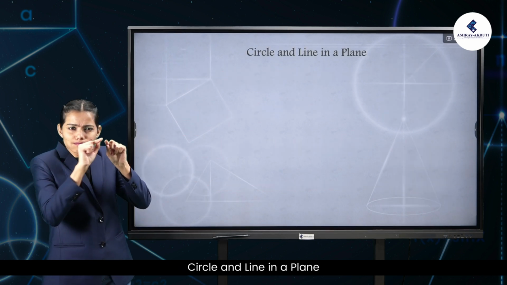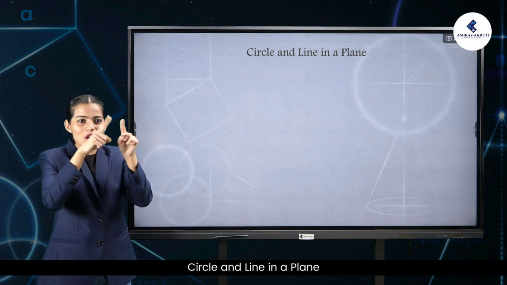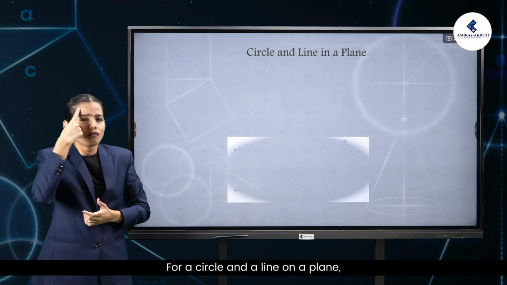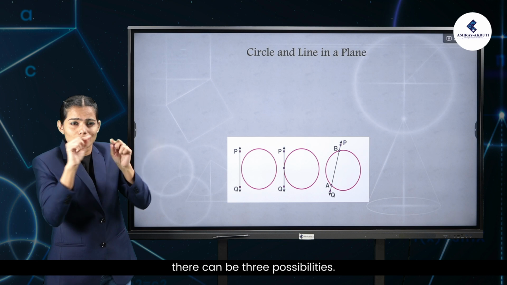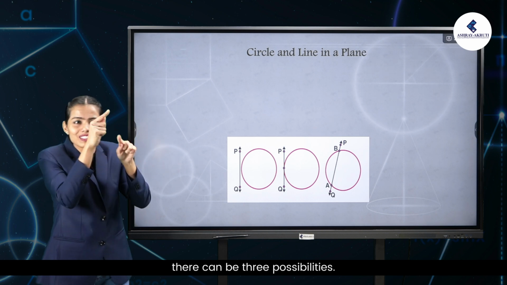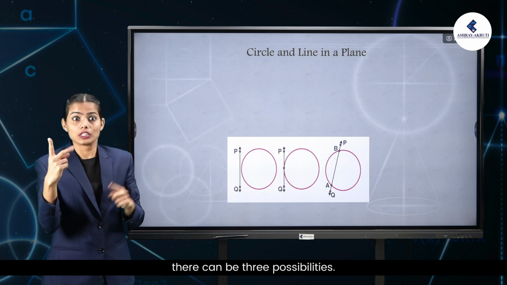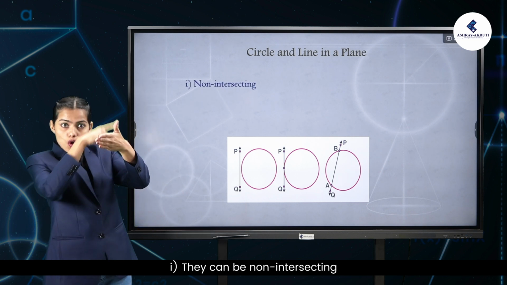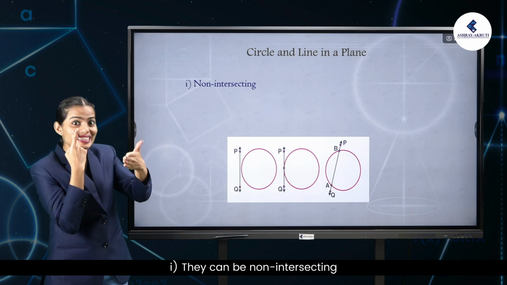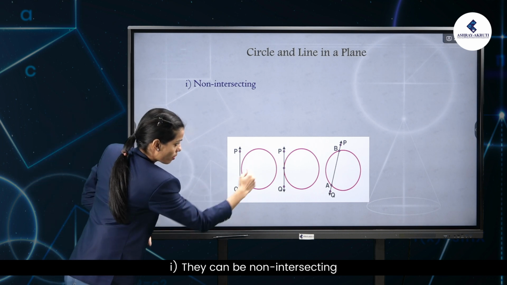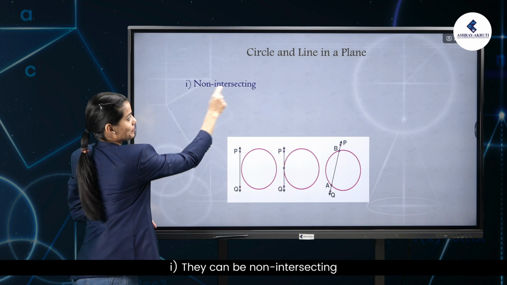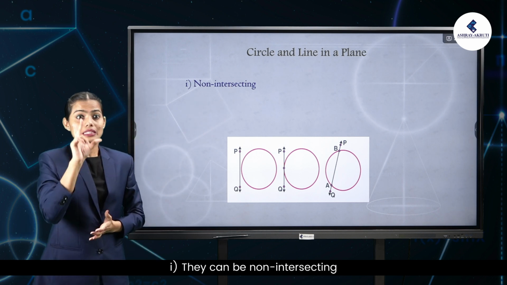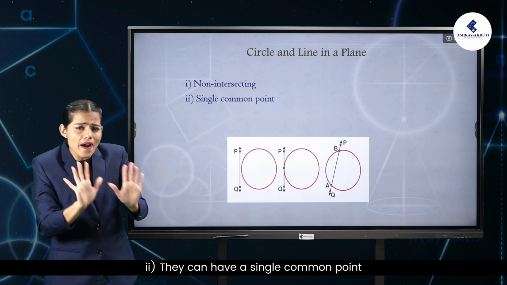Circle and line in a plane. For a circle and a line on a plane, there can be 3 possibilities. They can be non-intersecting. They can have a single common point.